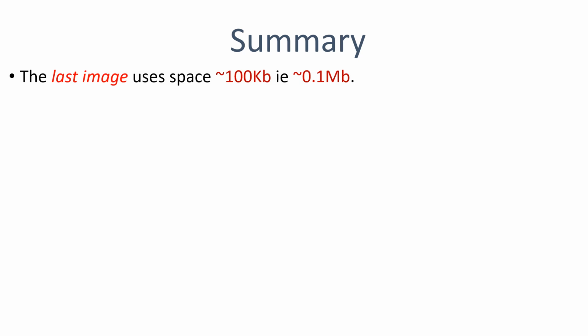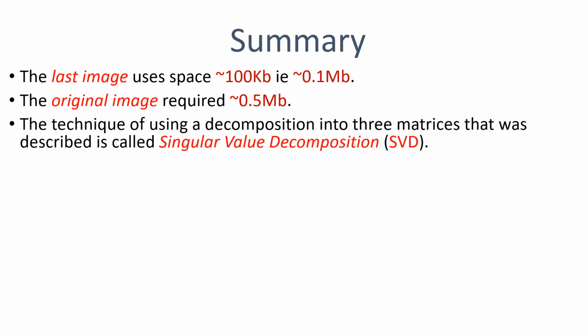So what can we conclude from that? Our last image takes up a total amount of space of 1/10 of a megabyte. Our original image took up 1/2 megabyte. Now I'm claiming there's not much difference in quality between this image and this image.